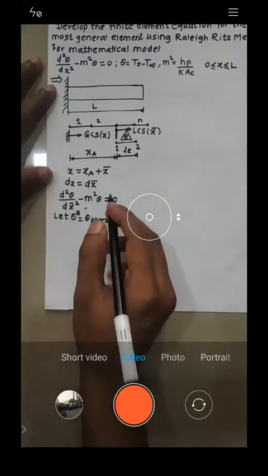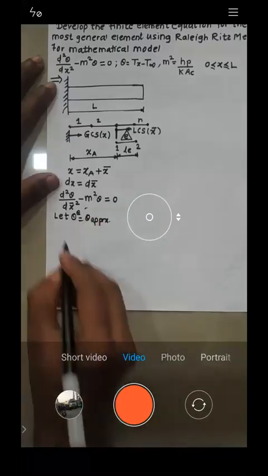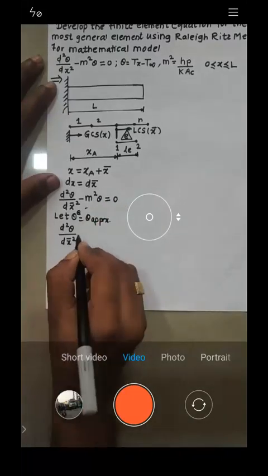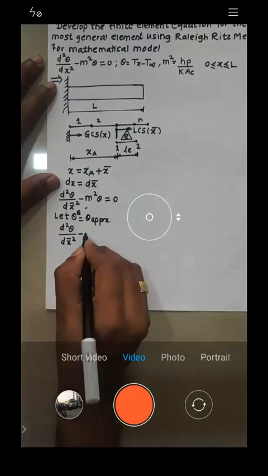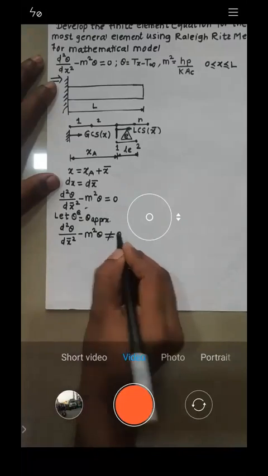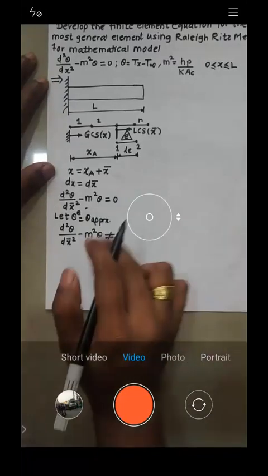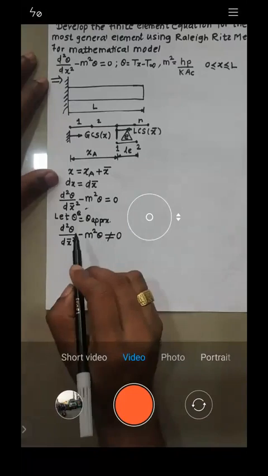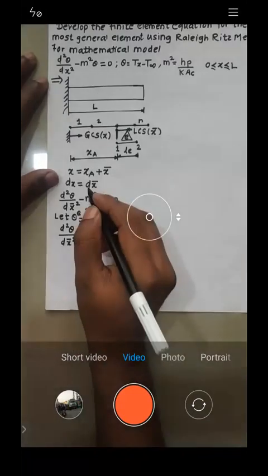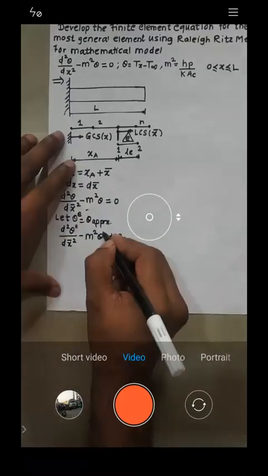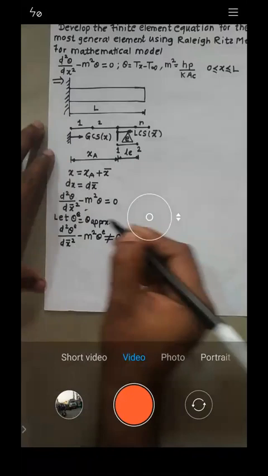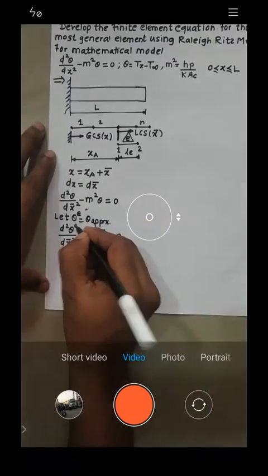So d square theta by dx bar square minus m square theta will not come to 0. It will never be equal to 0, because whatever solution for theta you have written is approximate. So wherever there is theta, I need to write it as theta e.